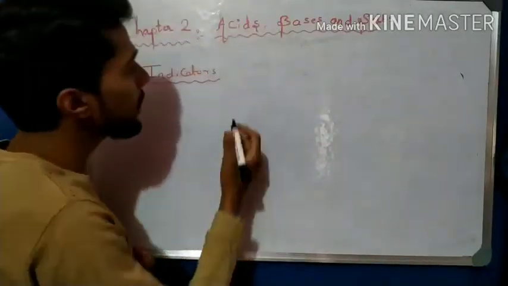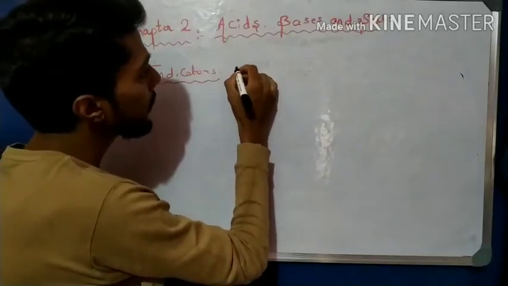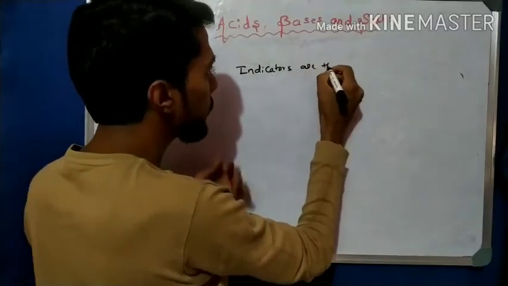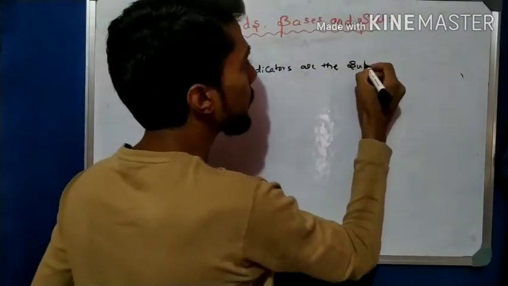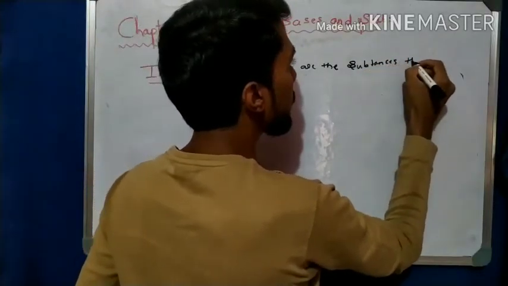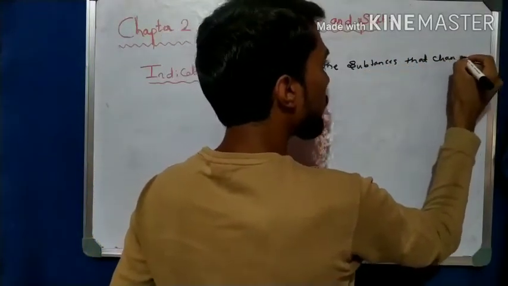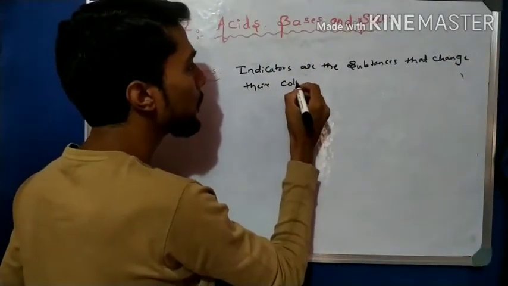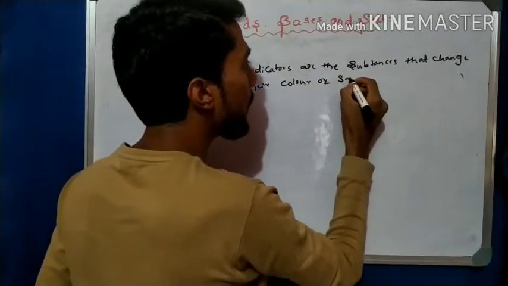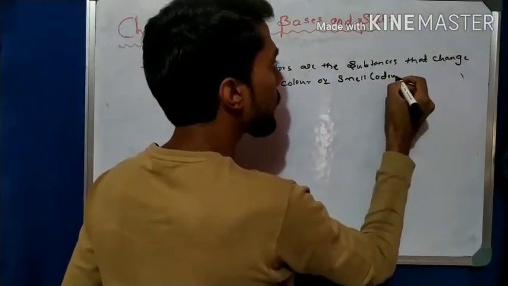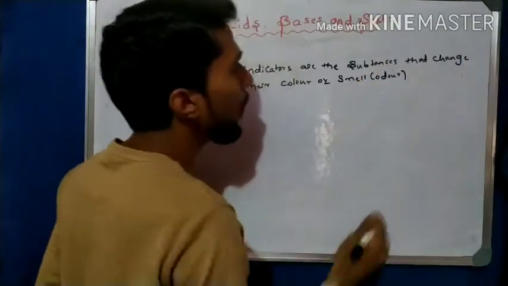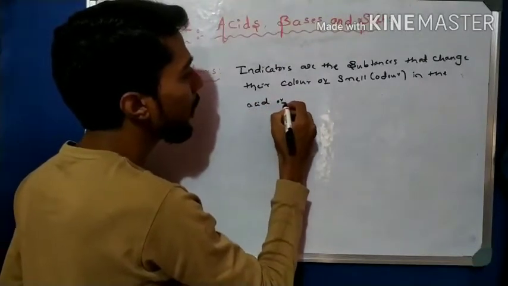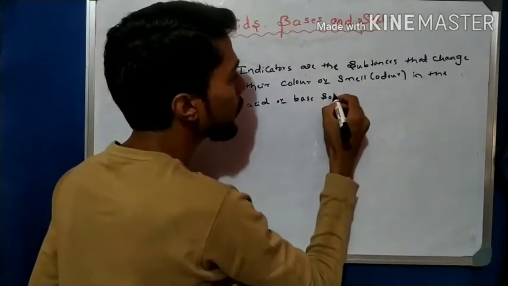So indicators are the substances that change their color or smell, also called odor, in an acid or base solution.